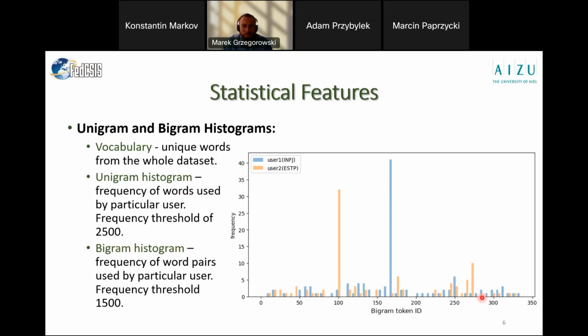This figure shows bigram histograms from 2 different users. You can see that they are quite different. That means that we can actually use these features to distinguish between different users.